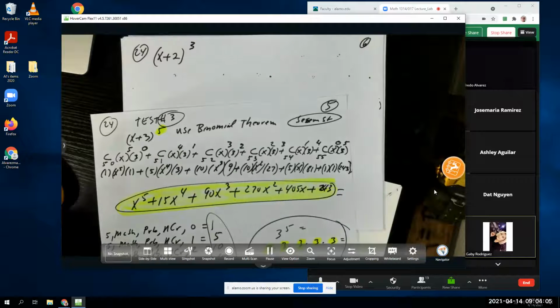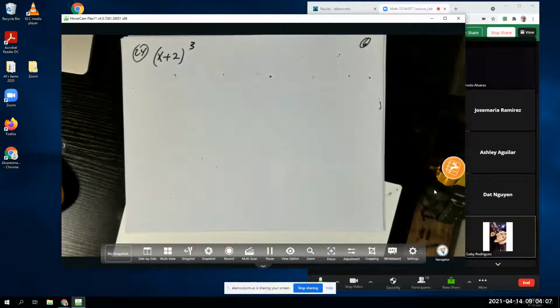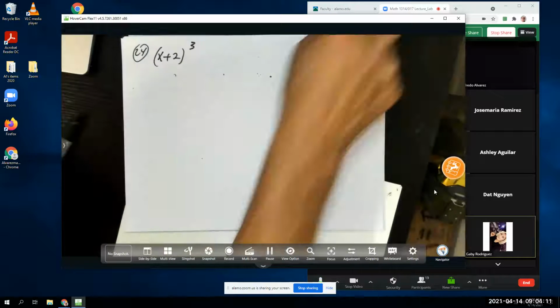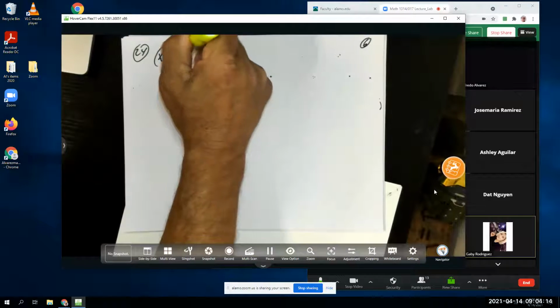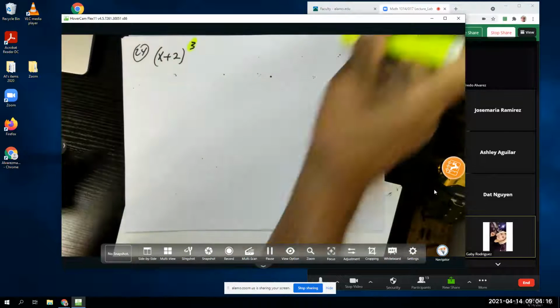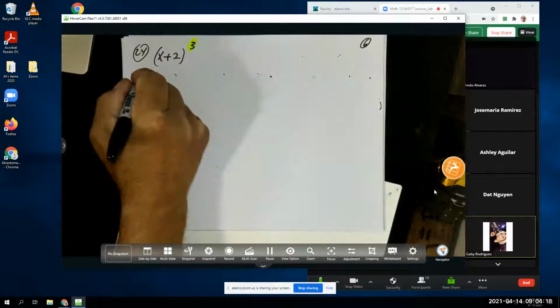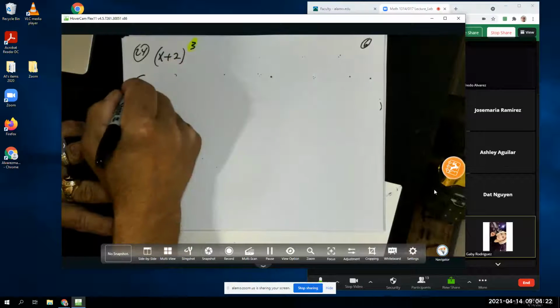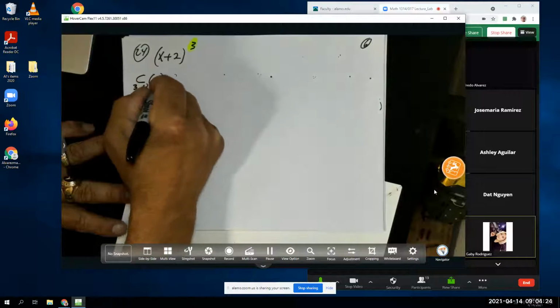All right, so we're gonna put the C and R key. Ready? And the way you do this, you start with the big power right here. I'm gonna use that number right there. So follow me. You're gonna put C and R, 3 and 0, and something goes in there.